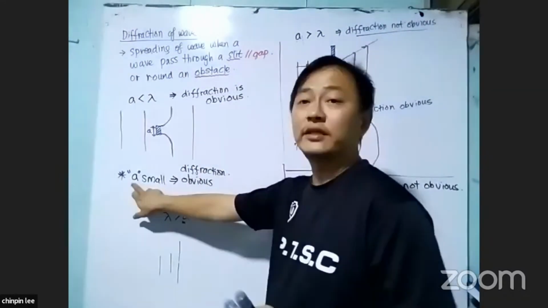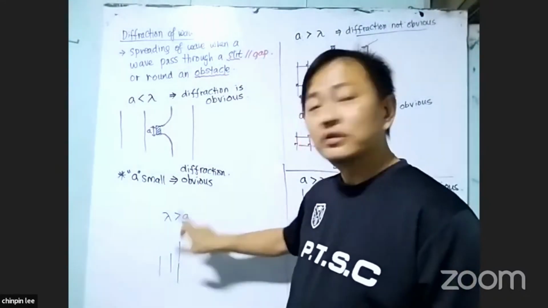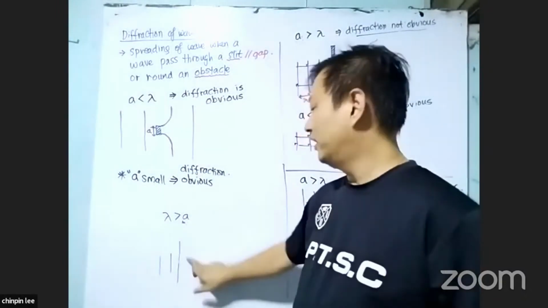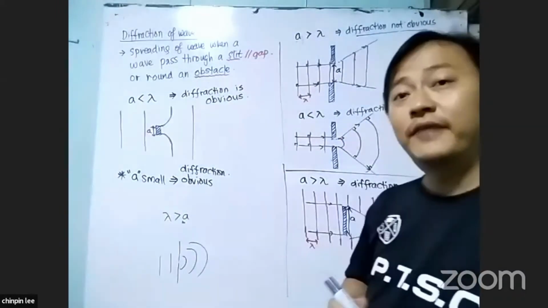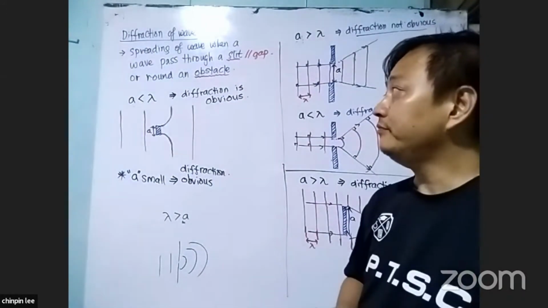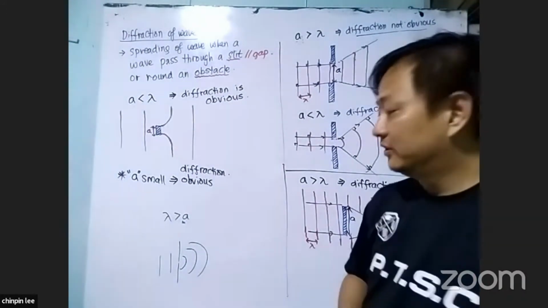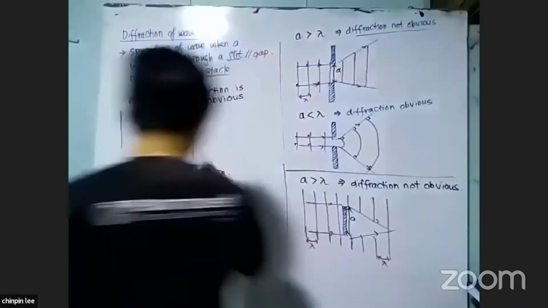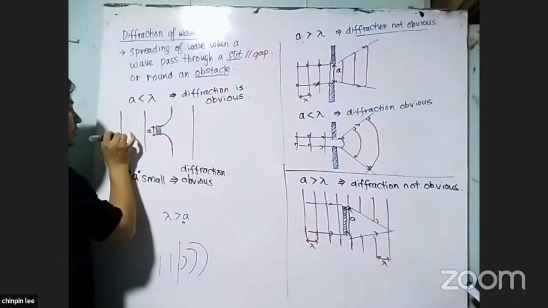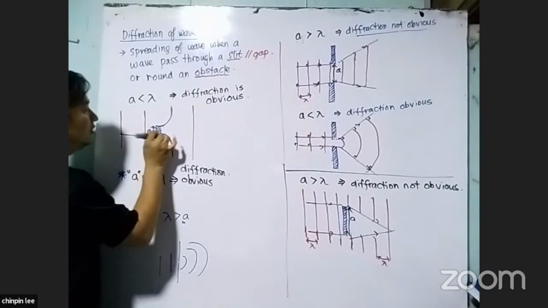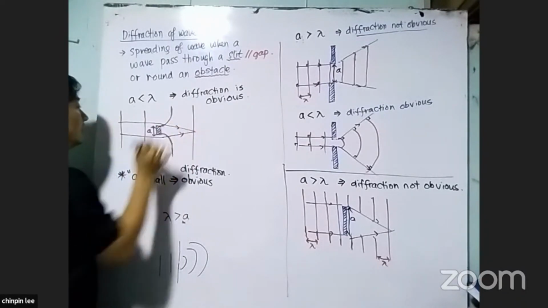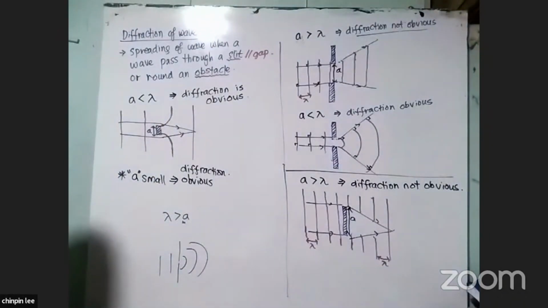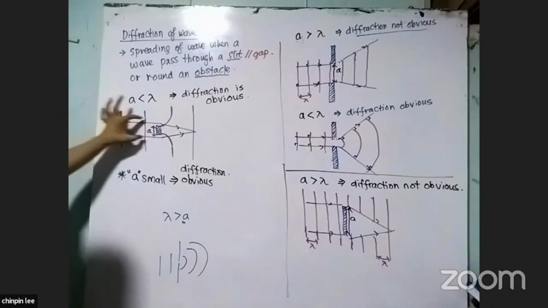You just memorize one thing: I tell you A is big or small. If small, then obvious. So this will bend this way. So the direction changed in this way. The direction of propagation changed. I didn't draw the direction.